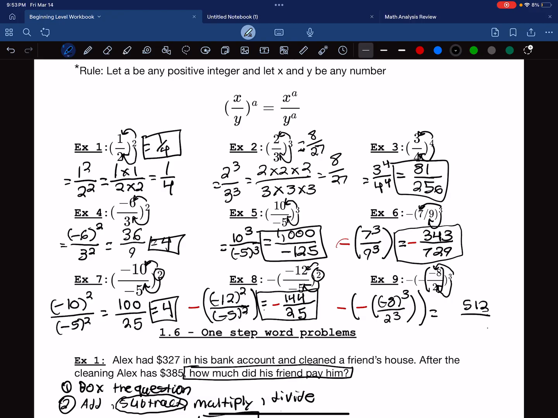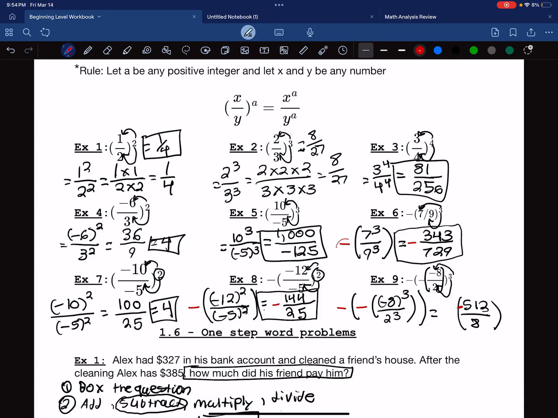And then we're going to divide that by 2 cubed, which is 8. And now let's draw out all of the negatives that we still have. Oops, my apologies. This is a negative 512 because we have negative 8 cubed, which is an odd power.